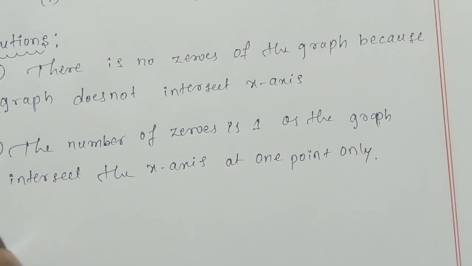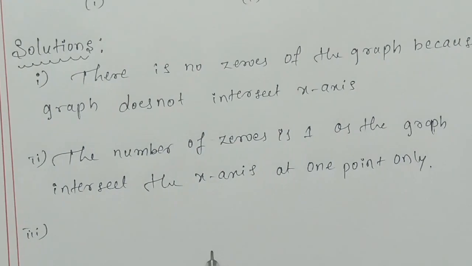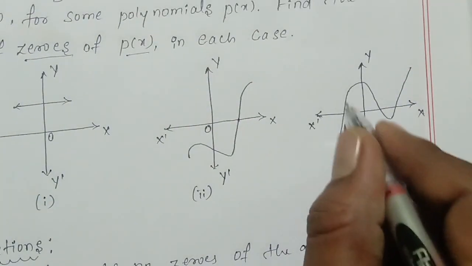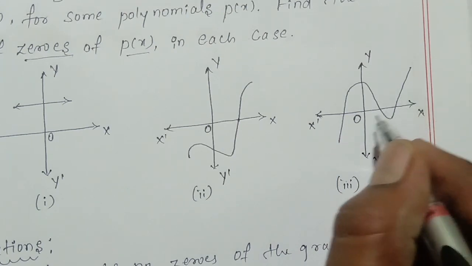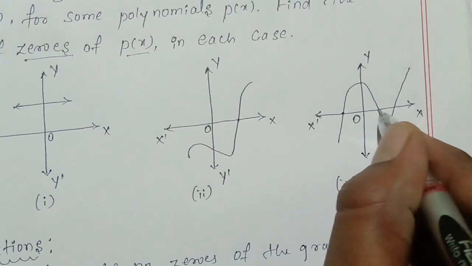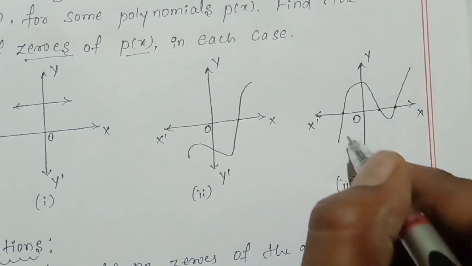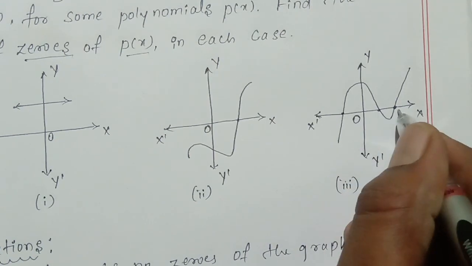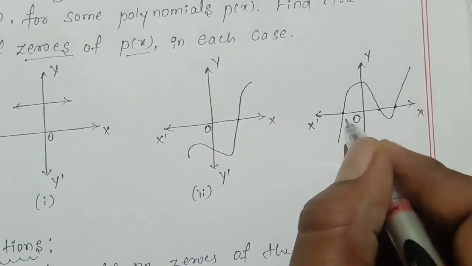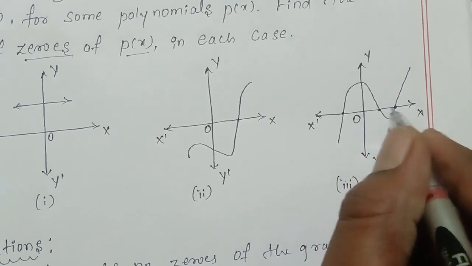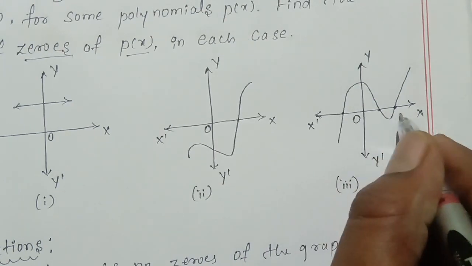Next, in the third figure. In this figure, this graph intersects the x axis at 3 points. This is 1 and this is 2 and this is 3. This graph intersects this XOX dash axis at 3 points.